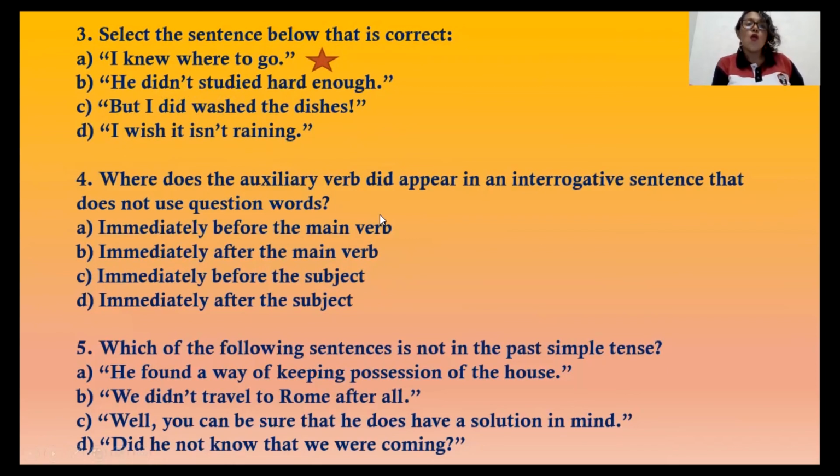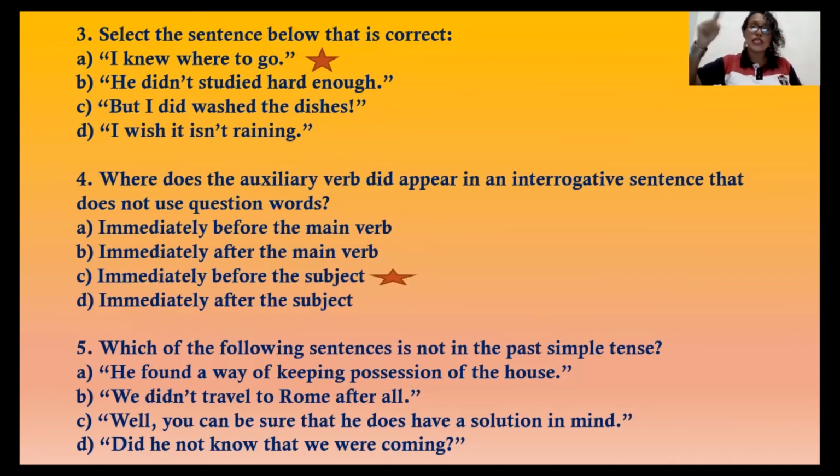When does the auxiliary verb did appear in an interrogative sentence that doesn't have question words, okay? So when are we going to use it: immediately before or after the main verb, before the subject, or after the subject? It is pretty simple. When we use did for interrogative sentences, it goes before the subject.